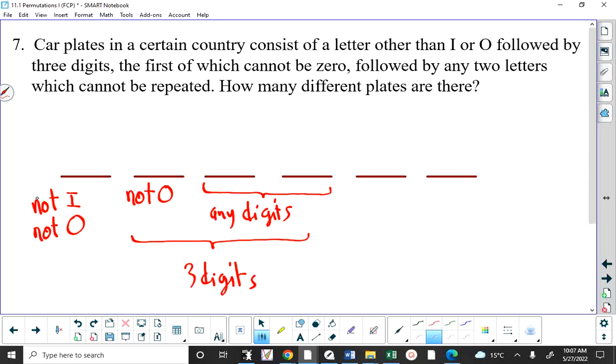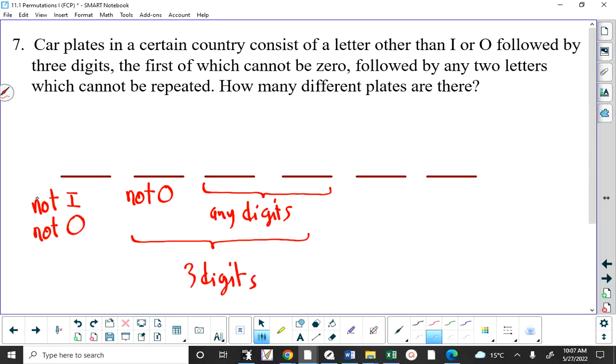I want to be careful here. It says, followed by 3 digits, the first of which cannot be 0. It doesn't tell me anything else about those remaining digits, so I'm allowed to use the same digits over and over again. That's the default position, is if you're not told with numbers, you can use the numbers again. By the way, could you imagine a license plate with 2 followed by 2?